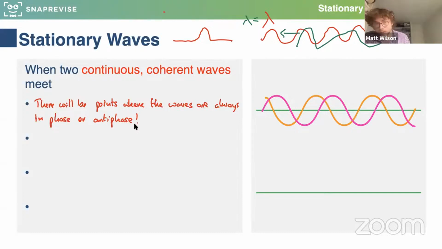Okay, so let's take a look at our diagram and see if we agree with this statement. So there will be points where the waves are always in phase.